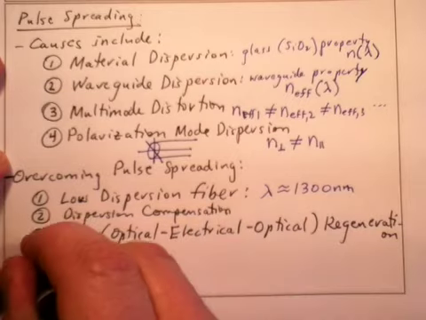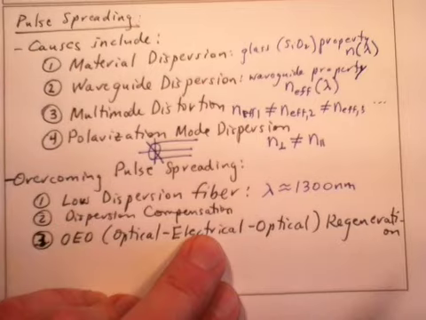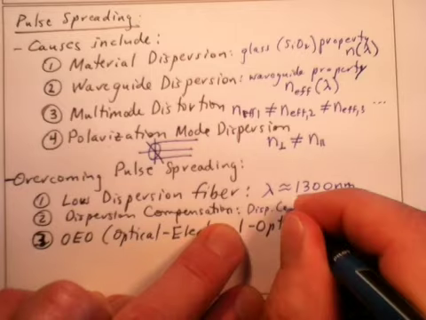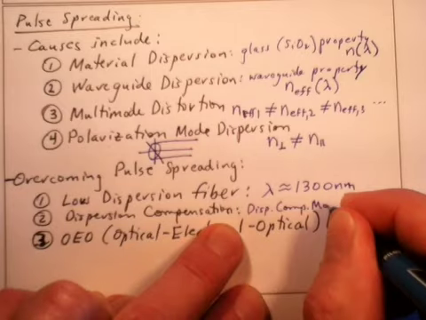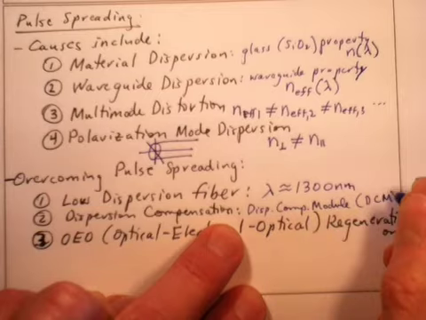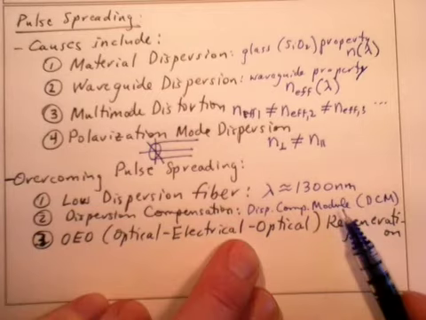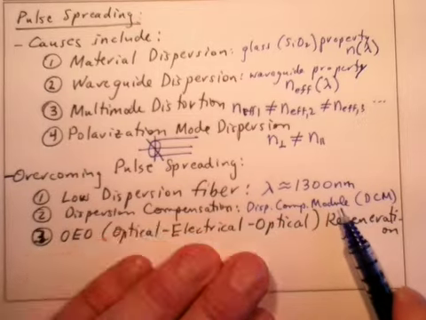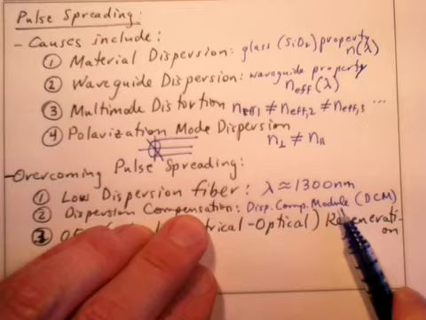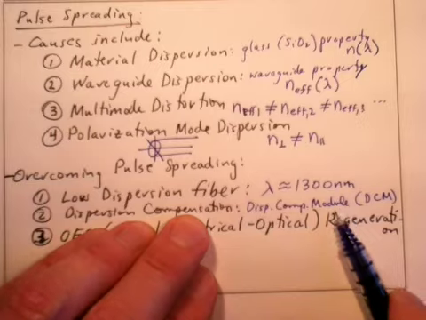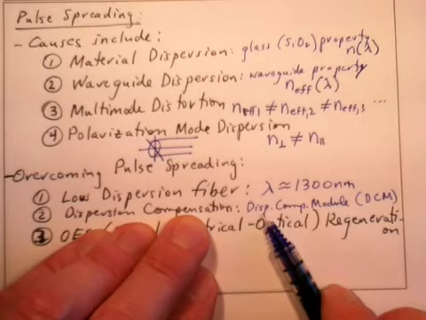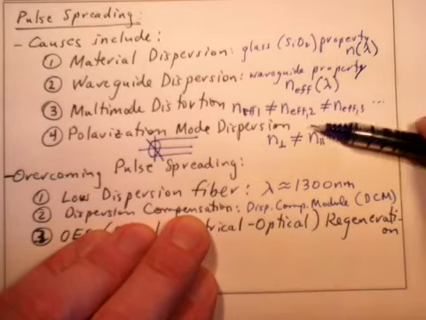But basically we can include what's called a dispersion compensation module, a DCM, which through a variety of different techniques can have the opposite dispersion as the fiber. So for example, you can make special fiber with negative dispersion relative to standard fiber.